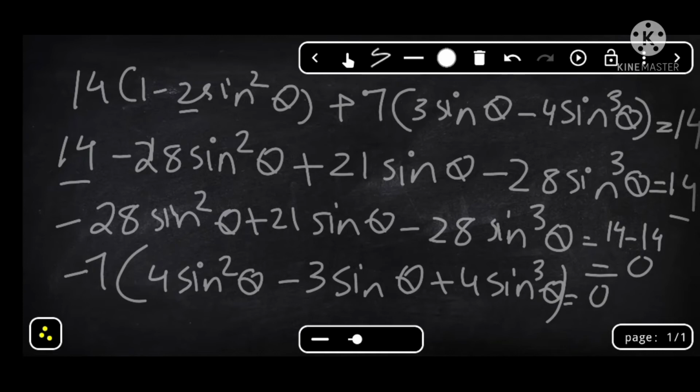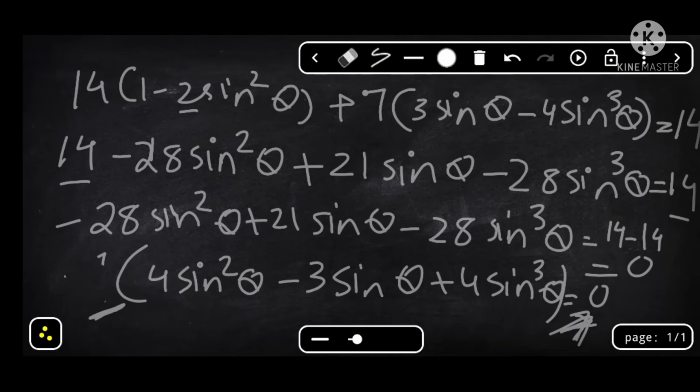Right? So if we take negative 7 to the right hand side, it will be 0 divided by minus 7. So 0 divided by any number will give us 0, right?